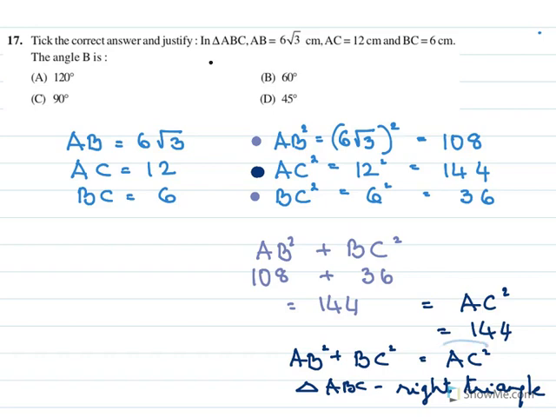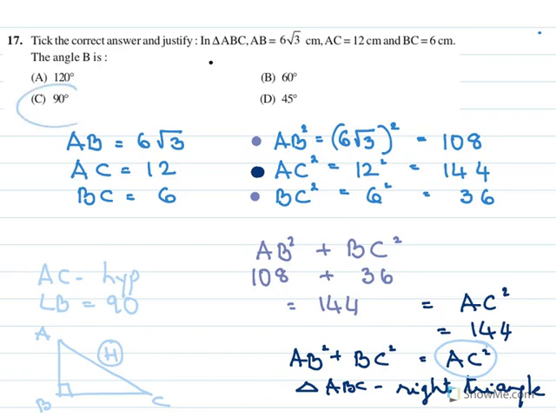And who must be the hypotenuse? AC must be the hypotenuse. So if AC is hypotenuse, angle B will be equal to 90. Let me draw the figure. So I have here AC is hypotenuse. So this angle B must be 90 degrees. So they said angle B would be 90 degrees.